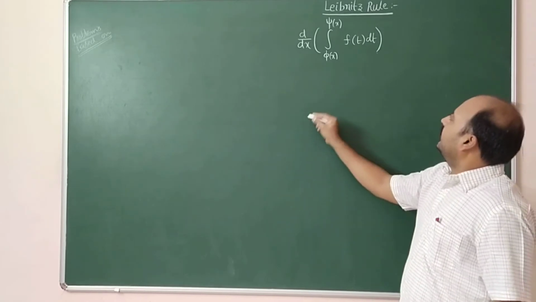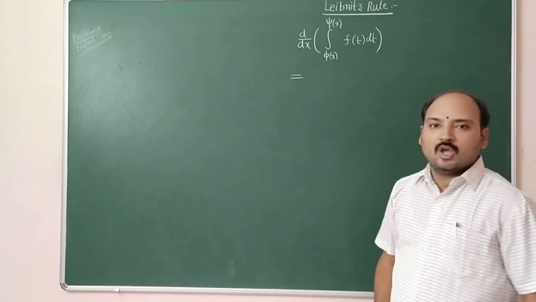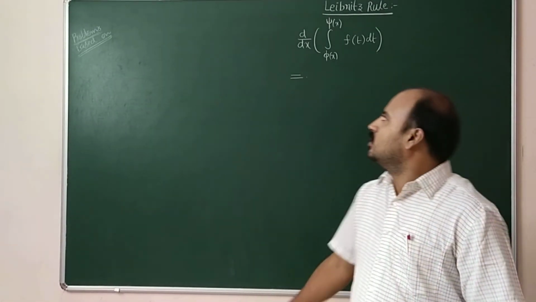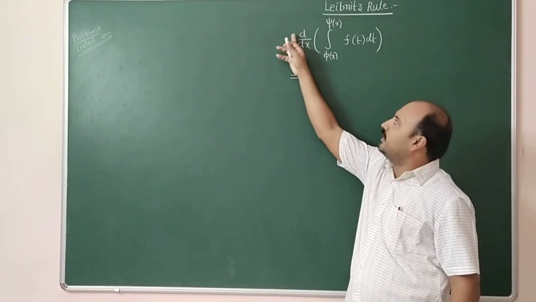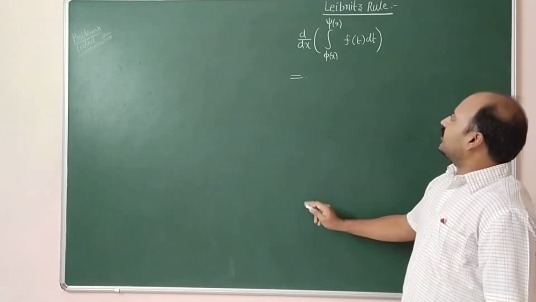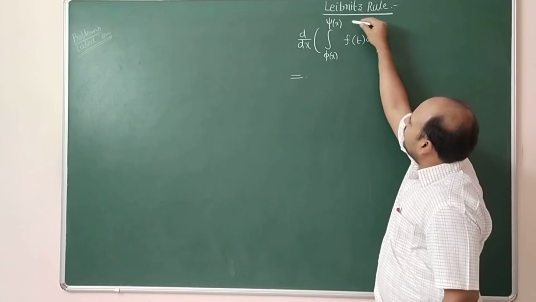So how to apply it? We know that integration is the inverse process of differentiation. Here d represents derivative, here integration. Integration and derivative will be cancelled. After that, wherever t is there, substitute the upper limit.